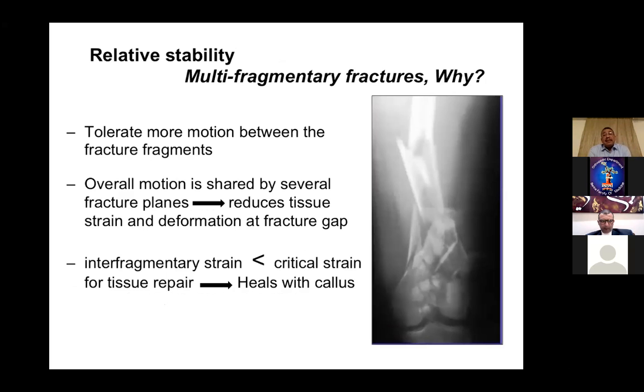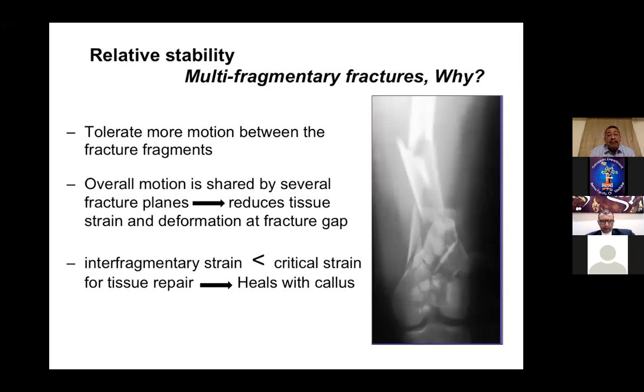Why multifragmentary fractures? Again, they tolerate more motion between the fracture fragments. Why do they tolerate more motion? Because we have this big fracture zone, and when we calculate the strain, the deformation occurring here is minimal, because we have the equation: the deformation over the fracture length.